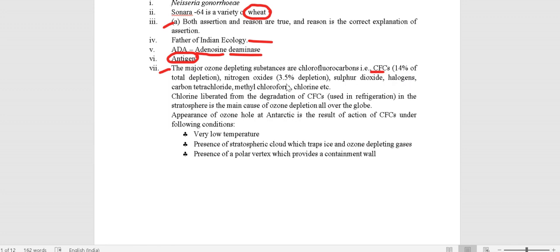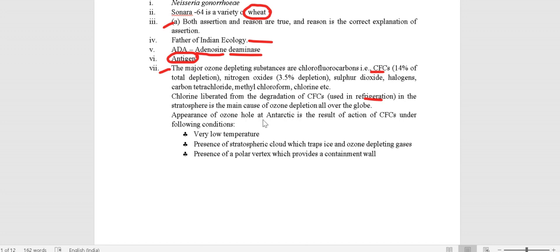Nitrogen oxides are also responsible, 3.5%, along with sulfur dioxide, halogens, carbon tetrachloride, methyl chloroform, and chlorine. These are some ozone depleting agents. Now chlorine liberated from the degradation of CFCs, or chlorofluorocarbons, which are mainly used in refrigeration, is released from refrigerators into the stratosphere, and it is the main cause of ozone depletion all over the globe.